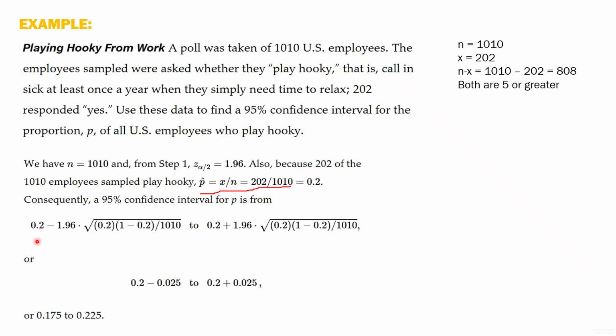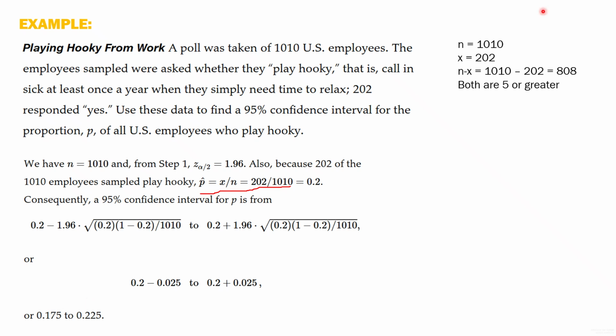So 0.2 is our p hat, plus or minus z alpha, which is 1.96, multiplied by the square root of 0.2 times 1 minus 0.2, divided by 1010. And then what you get for your answer here is 0.175 to 0.225.